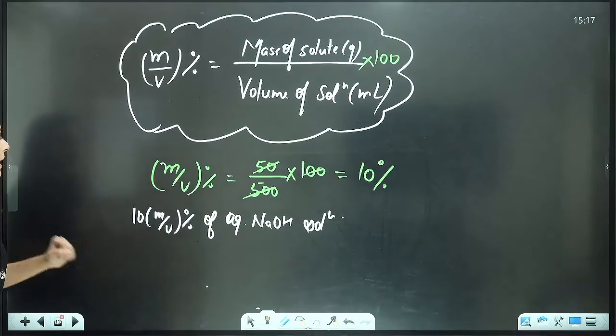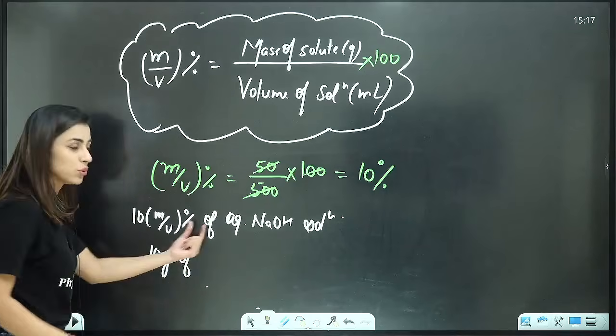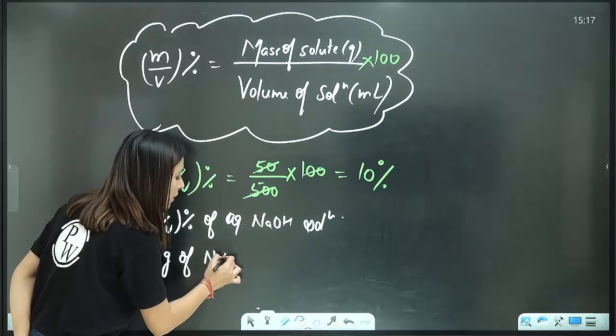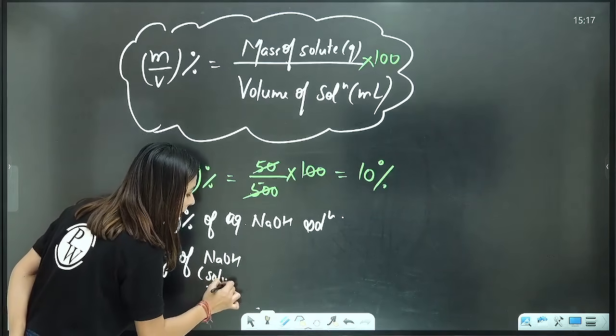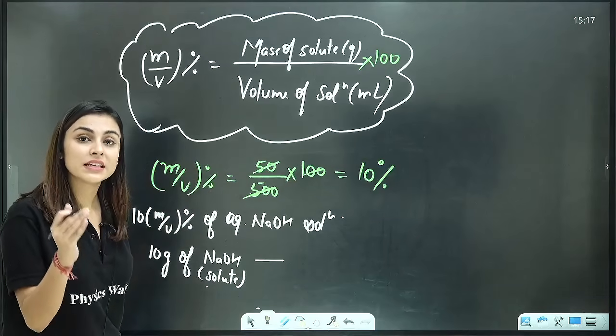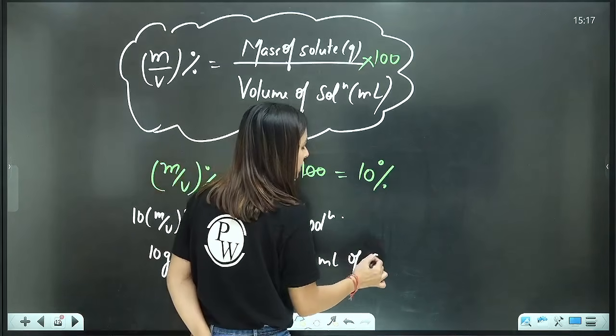Now, if you see that, you would say that you have 10 grams of your solute. And what is your solute? NaOH. You have 10 grams of NaOH solute, and it is present in 100 ml of solution.